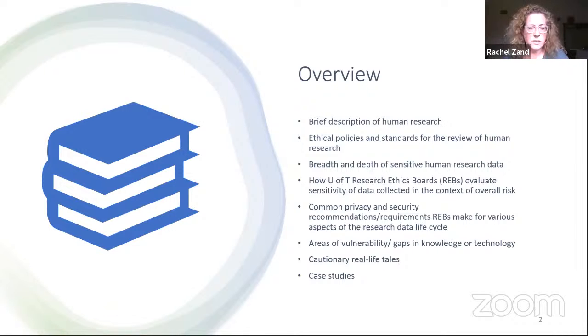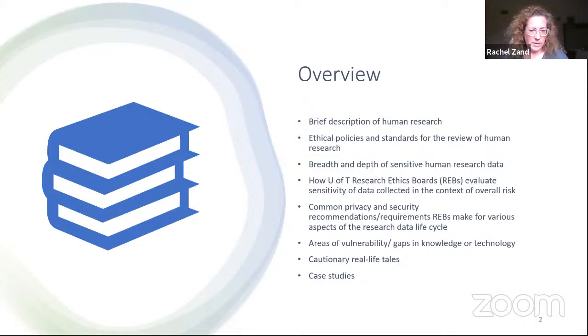For today's presentation, I'm going to provide an overview that will include a brief description of human research, the breadth and depth of human research data, look at some ethical policies and standards for the review of human research, look at the human research data that are collected, discuss how research ethics boards evaluate the sensitivity of data collected in the context of overall risk, and look at common privacy and security recommendations and requirements that REBs make within various aspects of the research data lifecycle.